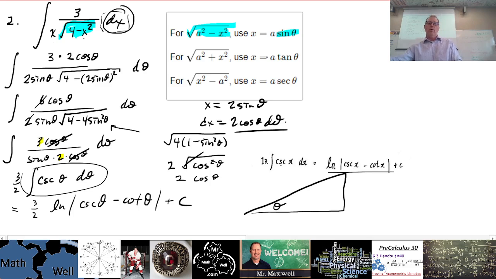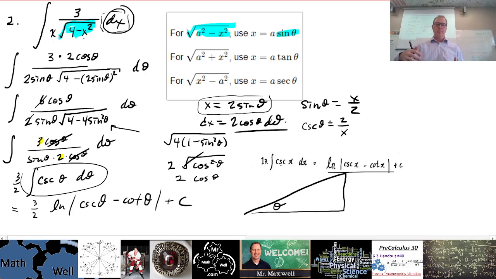And if we go way back to x equals 2 sine theta, that was one of our original substitutions. So I can find out what sine theta is, and sine theta is x over 2. Do I have sine theta here? Not quite. But I have cosecant theta, right? That's the reciprocal of sine, isn't it? So cosecant theta is going to be 2 over x, because it's the reciprocal.